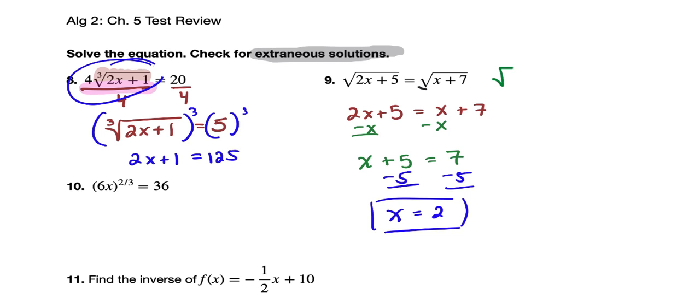So does the square root of 2 times 2 plus 5 equal the square root of 2 plus 7?